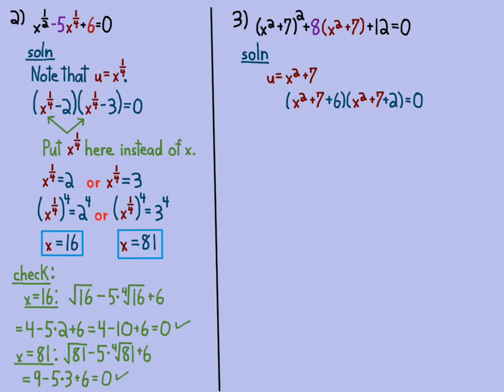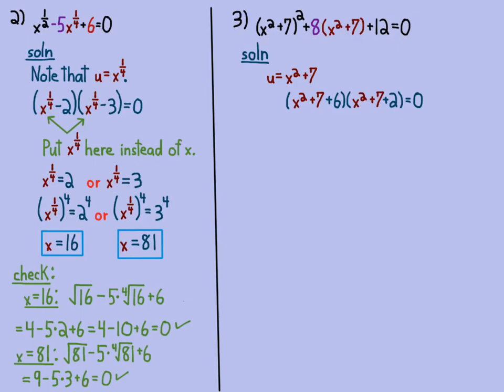But maybe because I'm using colors, it's easy to see x squared plus 7 as a u. Notice I did write down what u was first. But I probably should have just written out u squared plus 8u plus 12 and then gone back. When I do these, I'm paranoid about not going back to u again.